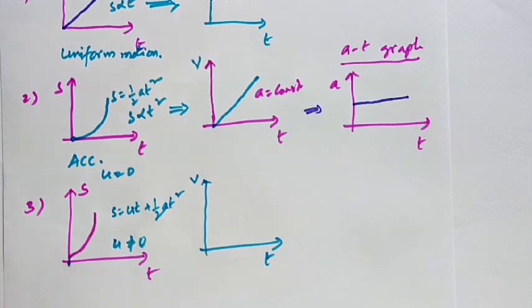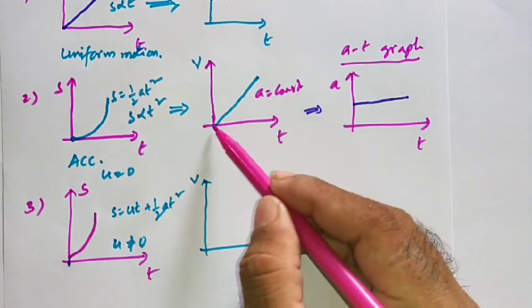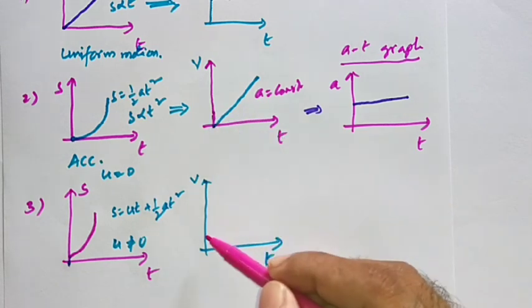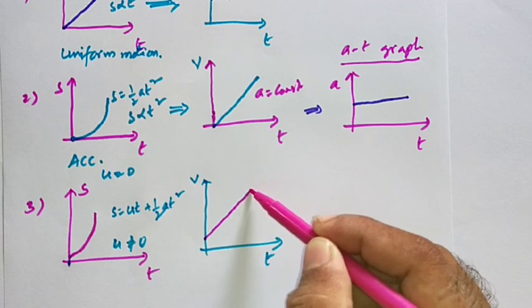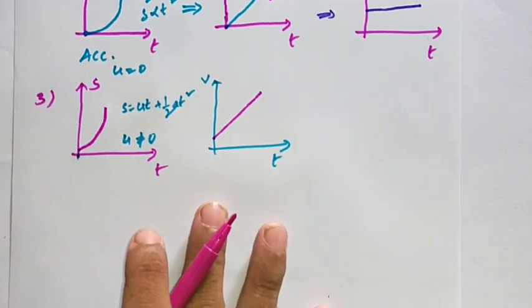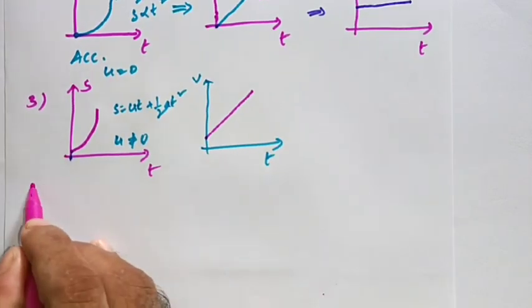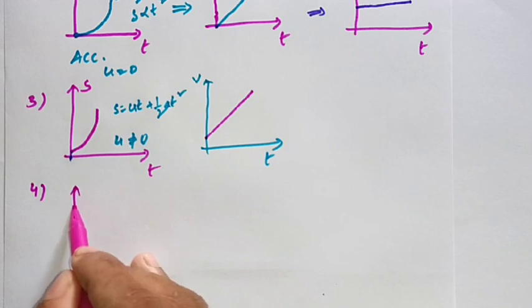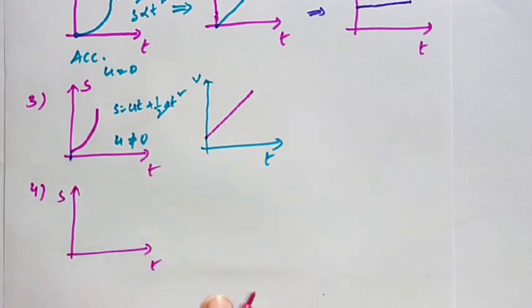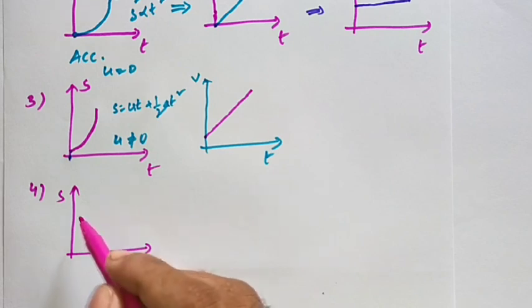Now it has some initial velocity. Here the initial velocity is 0, so that we start from the origin. Now it starts from somewhere here. That's it. Okay, so this is. Next, coming to fourth one. Let us see fourth. ST graph. The ST graph looks like this.